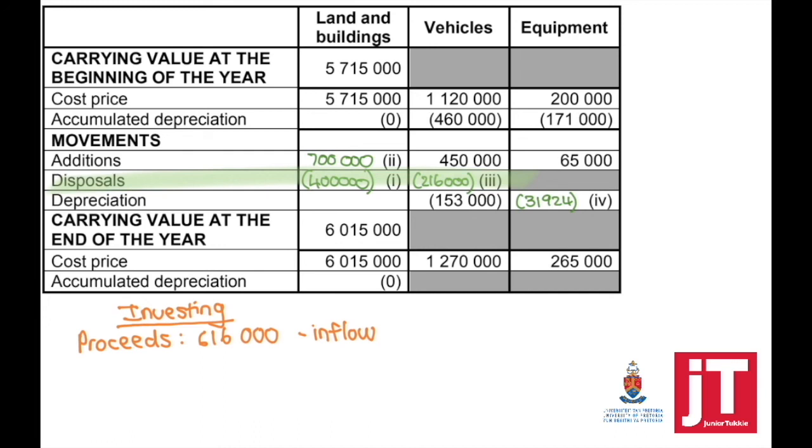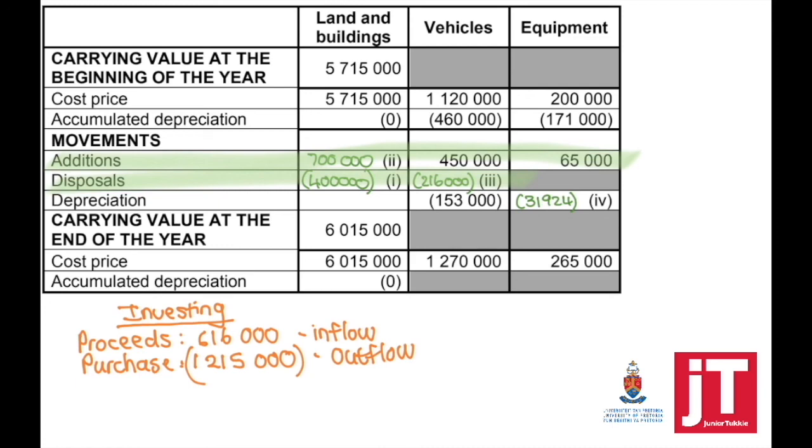If we look at purchase of non-current assets, we need to look at our additions. So the land and buildings plus the vehicles plus equipment means that our purchase of tangible assets was 1,215,000, and this will be an outflow of cash and must be indicated in brackets.